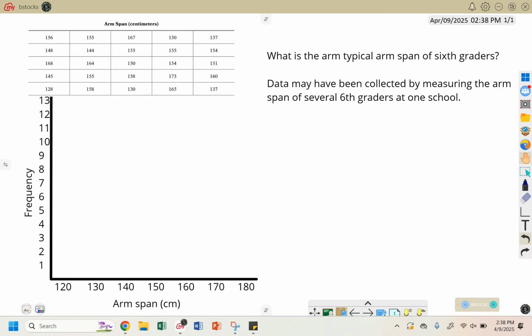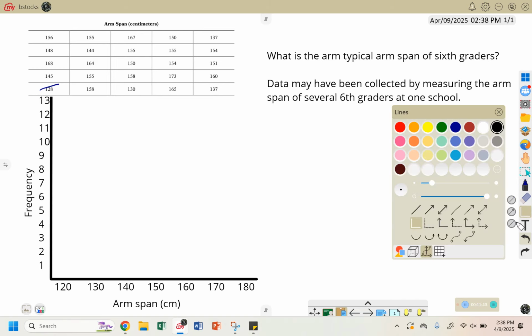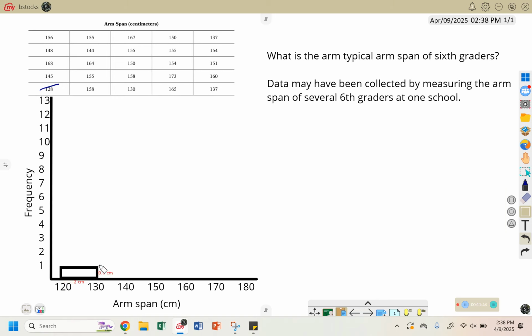Okay, let's try this again. From 120 to 130, I still see only 1. So I'm going to draw my bar 1 tall. From 130 to 140, 1, 2, 3. So that bar needs to be up to 3.